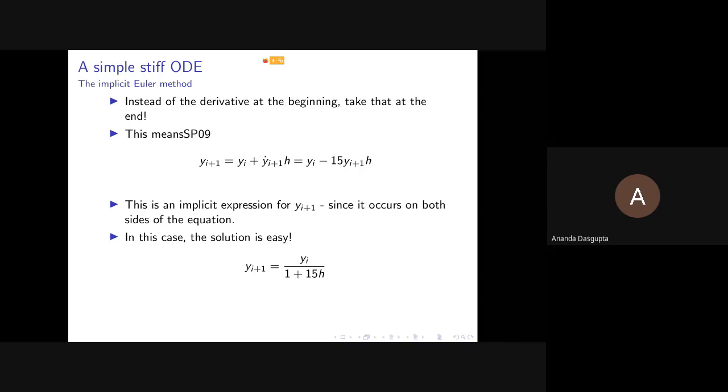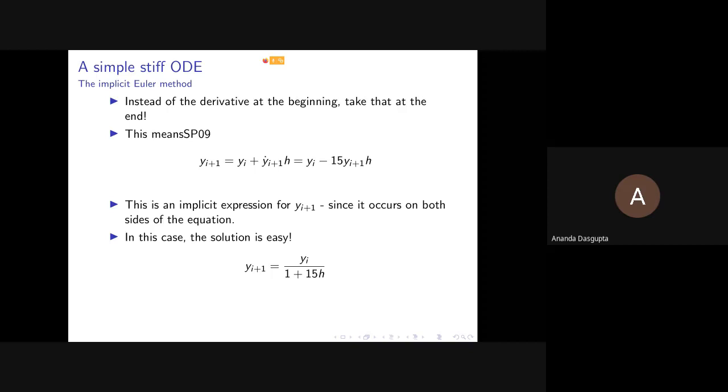And notice that in the modified Euler method, we did not use the actual value of yi plus 1. We estimated yi plus 1 using the value of yi plus h times the slope at the beginning. So that was still an explicit method, where given your values of y at the beginning of the interval, you can calculate every step without having to solve anything.